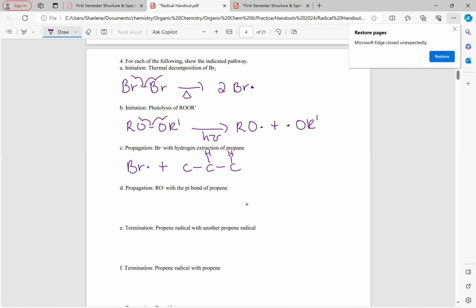If we go up to the numbers, our numbers would say that this one is the more stable. I didn't specifically say which one in this question, but that's how you'd answer it. And it's going to go down. We're going to be left with a secondary radical and some HBr. Wait a second, you just made a strong acid. The radical world is highly reactive, so I'm okay with that.